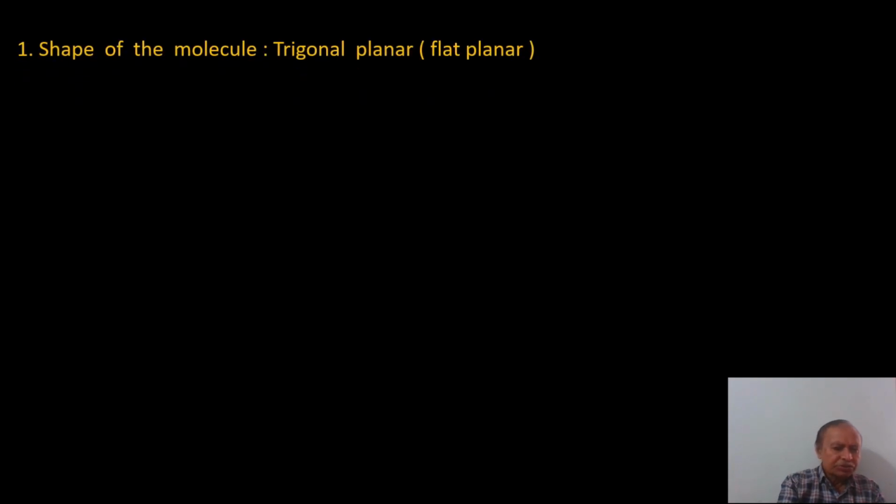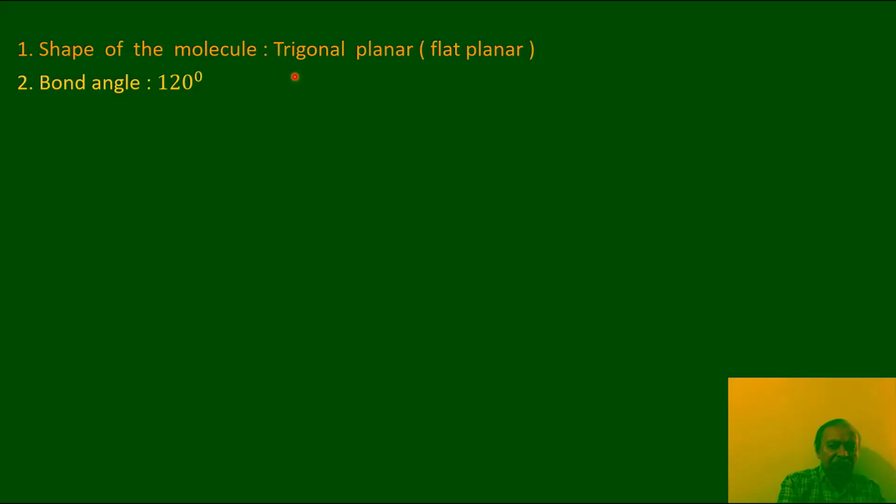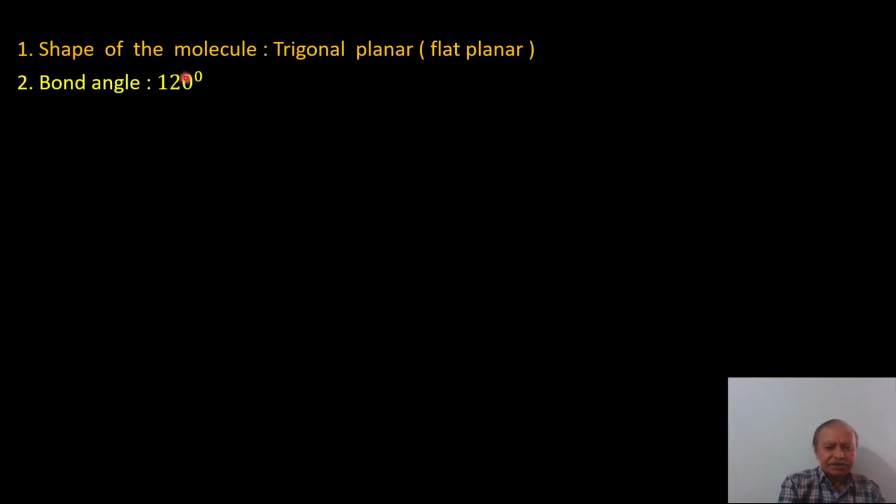Dear students, now we can conclude about the structure, or the shape, of the ethene molecule. It has a trigonal planar structure, or flat planar structure, and the bond angle in ethene is 120 degrees.